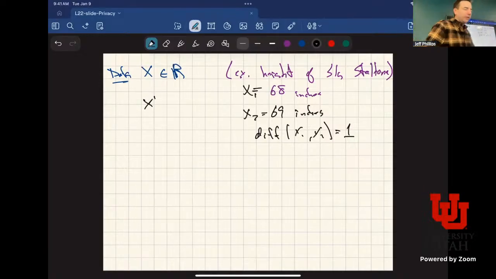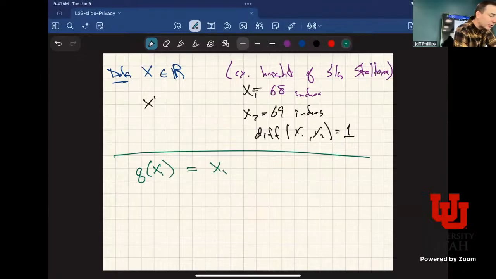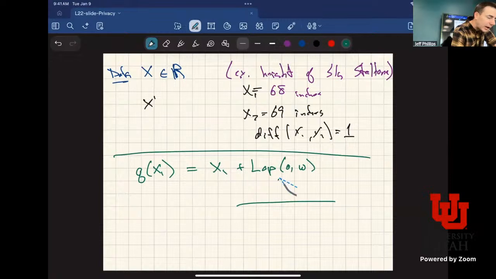One way to hide this is that the query of the height of X1 is going to give me X, the true value, plus some Laplacian noise with bandwidth W. This Laplacian is like a Gaussian distribution, but it's pointier.